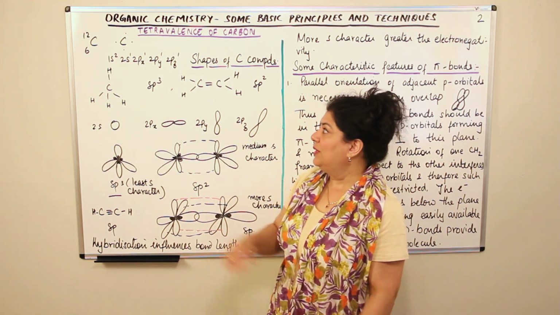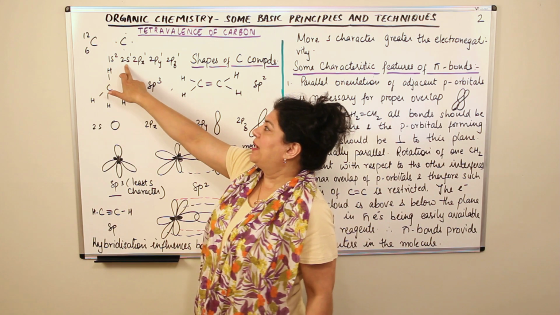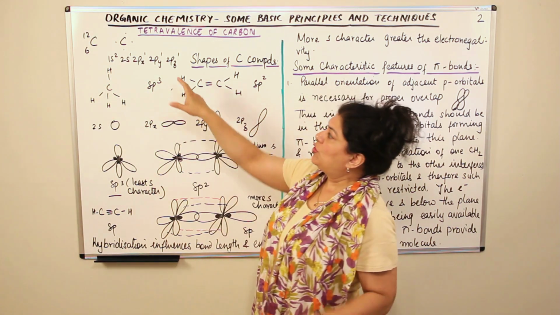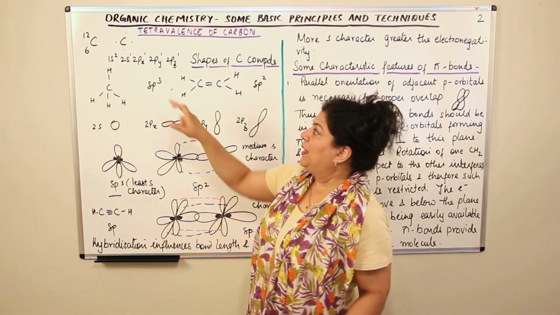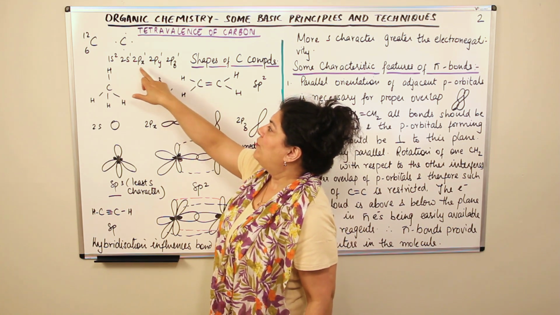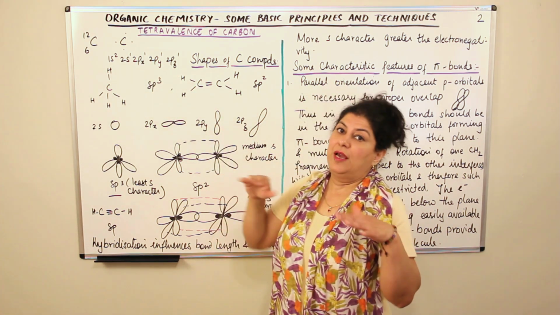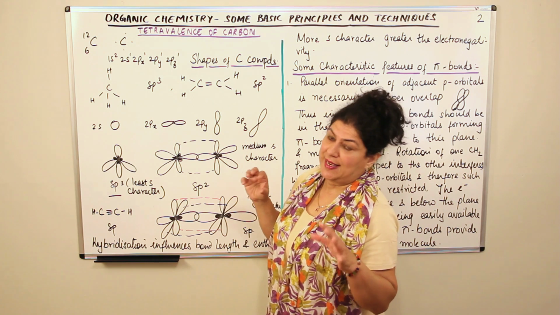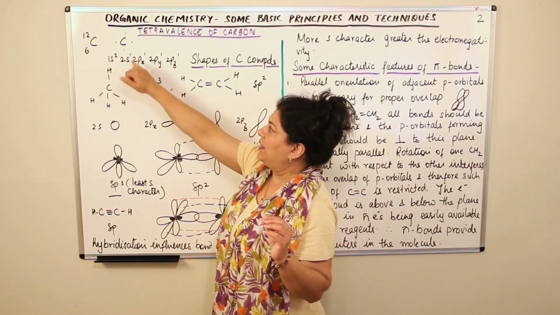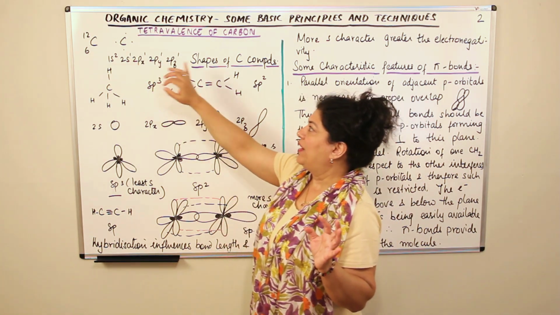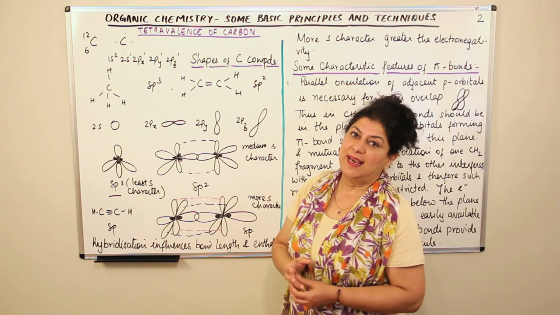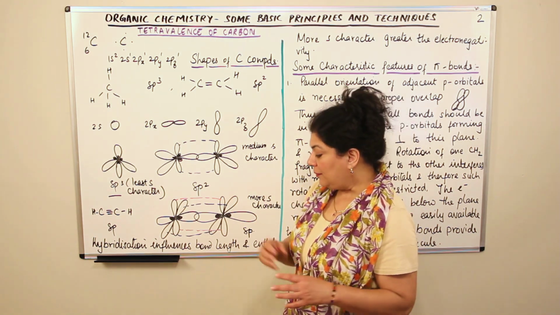I also told you that one of the electrons from the s orbital jumps up to the 2p orbital, which is empty, and when it jumps up we get 4 half-filled orbitals of the second shell, that is 2s has 1 electron, 2px has 1 electron, 2py has 1 electron, and 2pz has 1 electron.